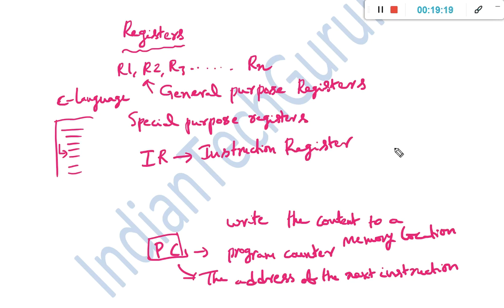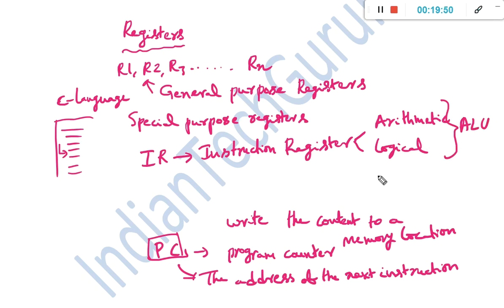What are the different types of instructions? It may be an arithmetic instruction or a logical instruction. Let it be any type of instruction, that must be stored in the instruction register before it is executed by the ALU, arithmetic logic unit.